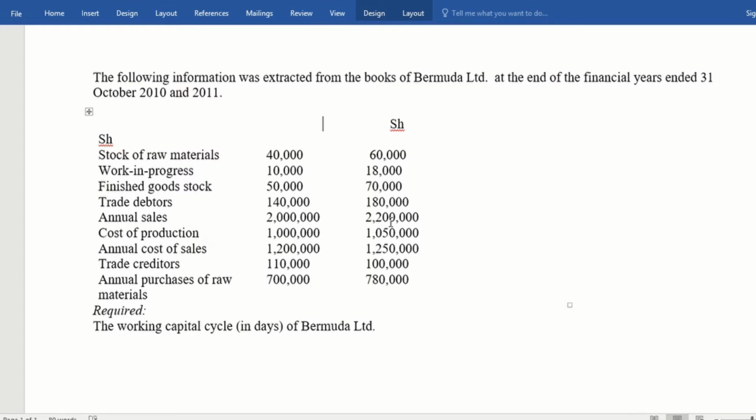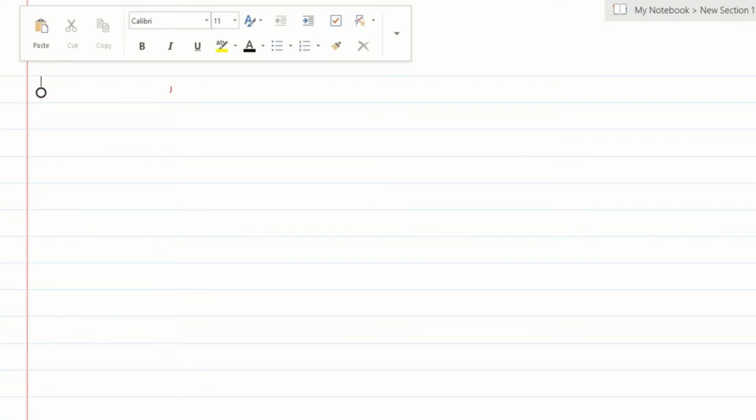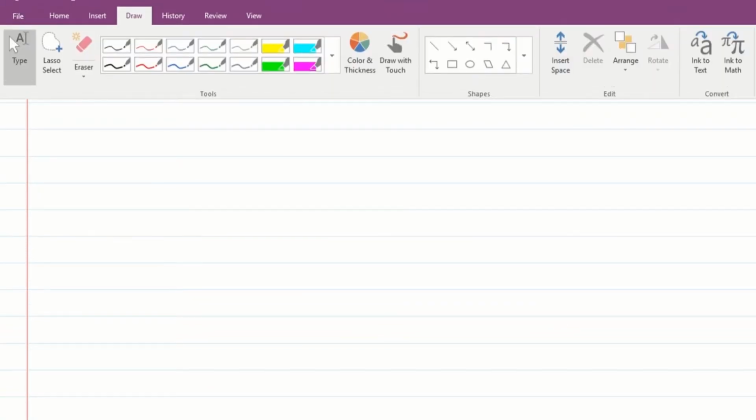The first one is the raw materials period. So I'll open my working sheet over here and compute the raw materials period.